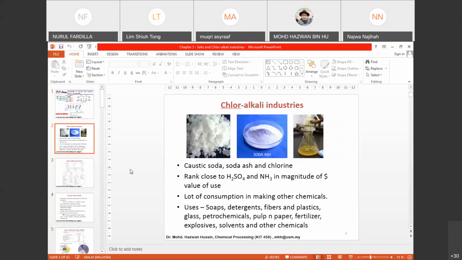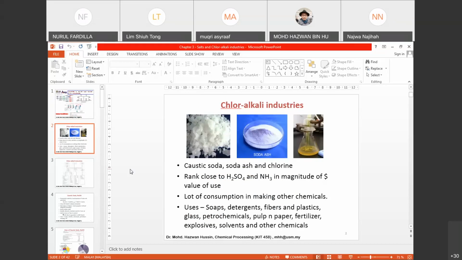The chloralkali industries deal with the production of caustic soda, soda ash, and also chlorine. Caustic soda has the chemical formula NaOH. Soda ash is sodium carbonate, Na2CO3, and chlorine gas is Cl2.